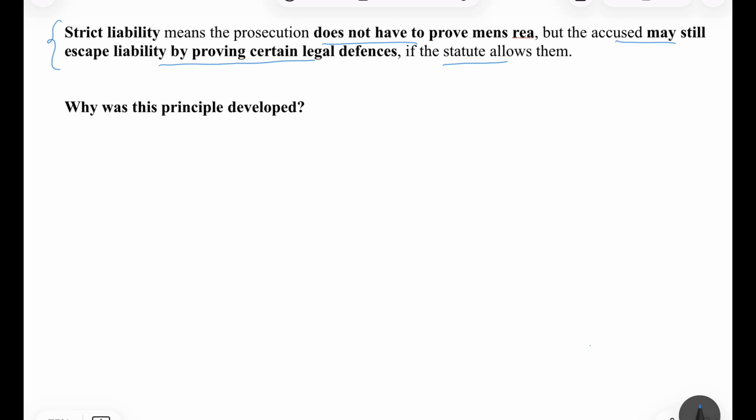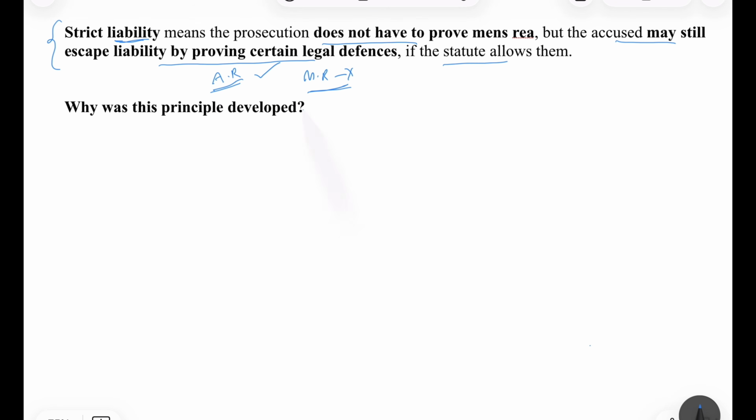In simpler terms, actus reus must be proved for strict liability as well as absolute liability, but mens rea need not be proved. Though there are some exceptions where mens rea should also be proved, here in strict liability the general rule is that mens rea need not be proved and actus reus must be proved.